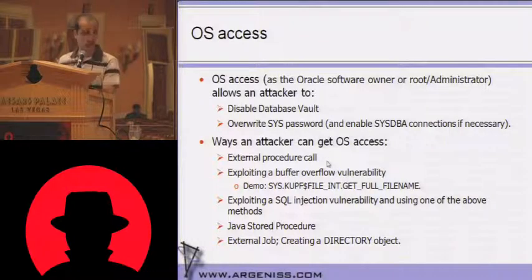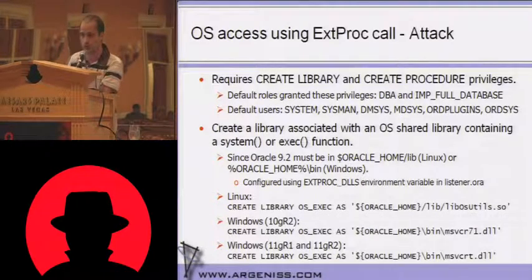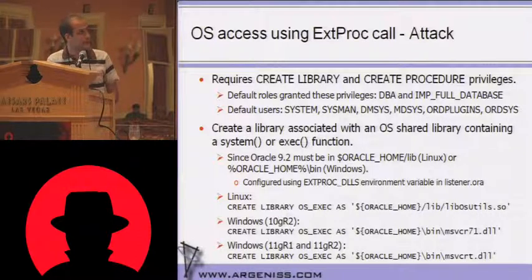Now let's go back to the attacks where we will be able to disable Database Vault. The first one that we are going to see is the external procedure call technique. An external procedure is a procedure or function that is stored in a dynamic link library external file.